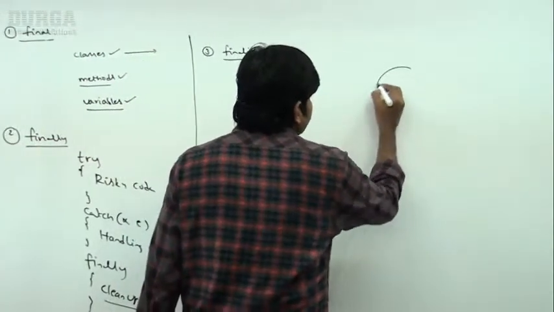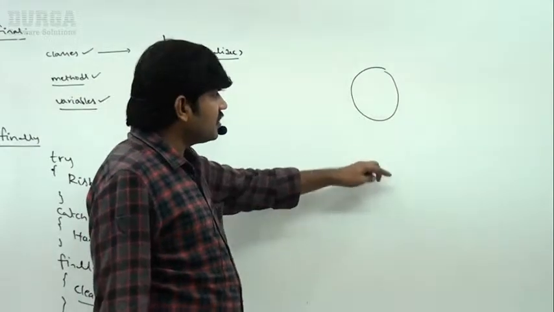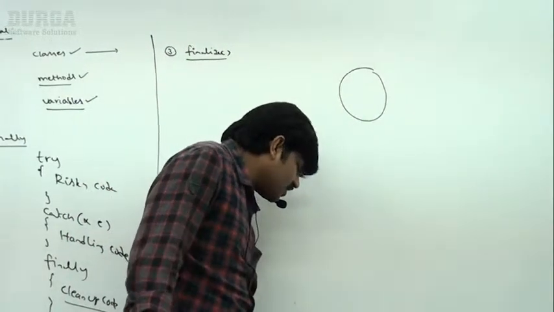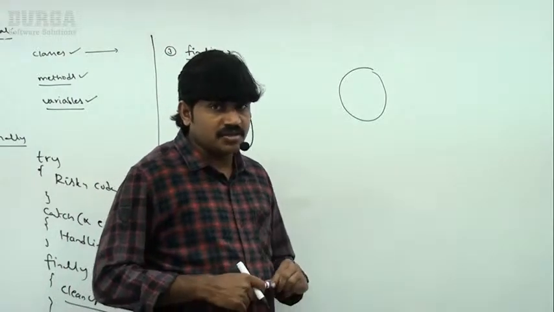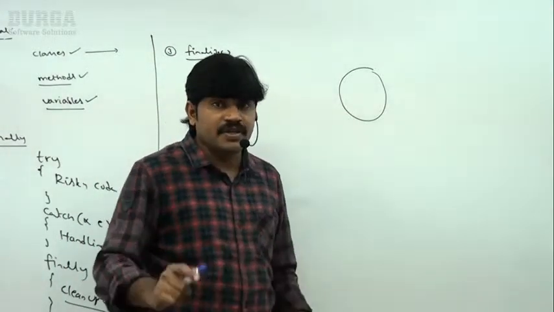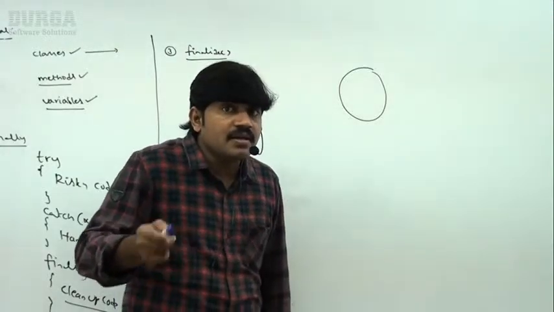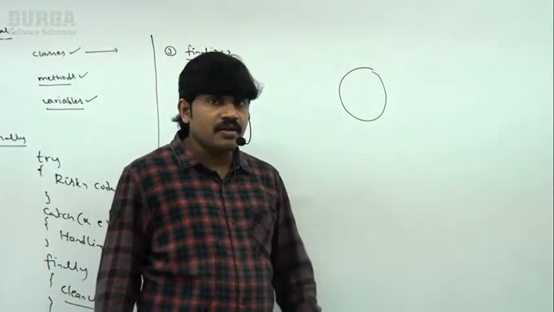Is this object eligible for garbage collection or not? Yes, because this object doesn't have any reference variable. If an object doesn't have any reference variable, it is always eligible for garbage collection.